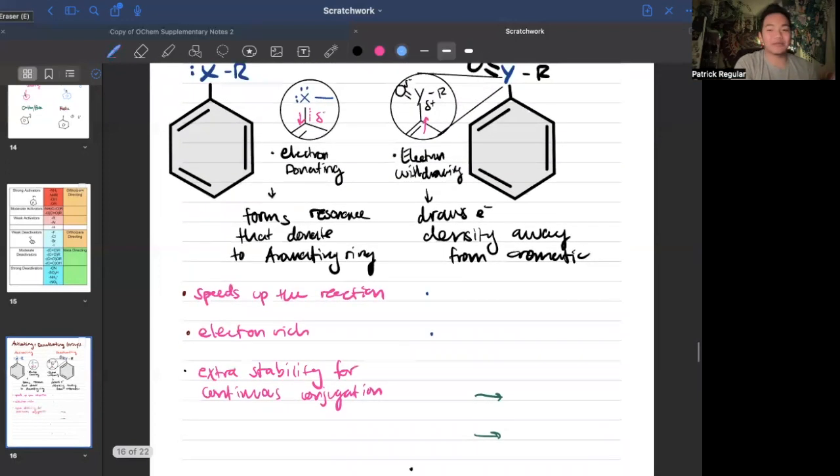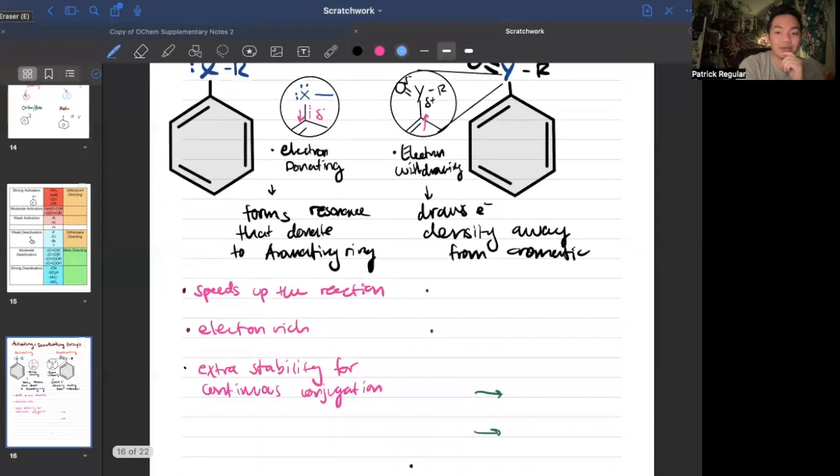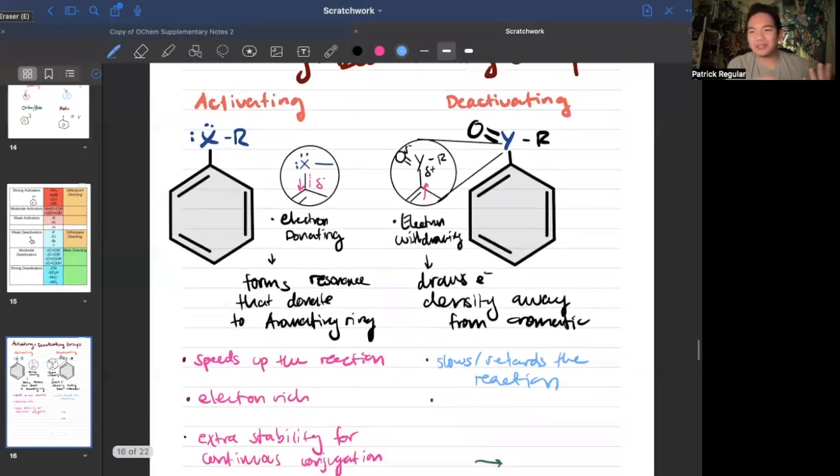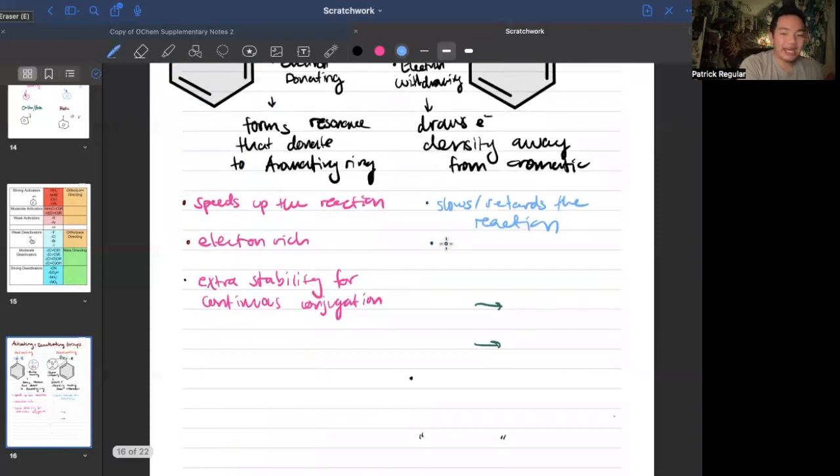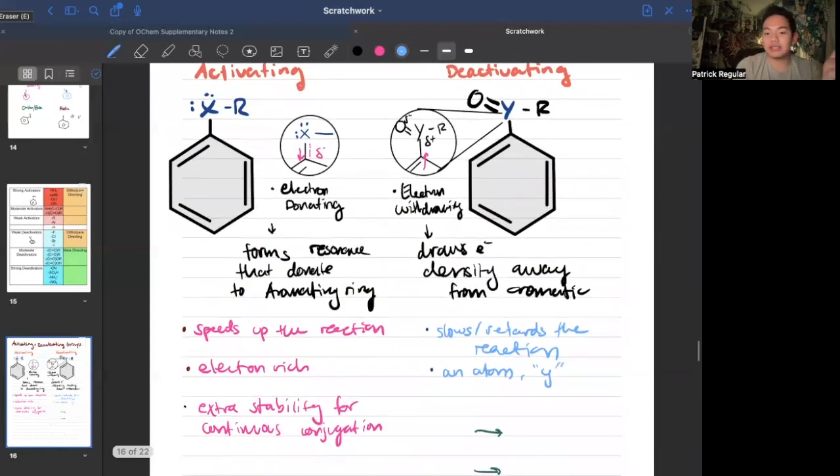Now, conversely, if it's electron withdrawing, it slows down or retards the reaction. You have a deactivator, so of course it's going to slow it down. Now, the atom Y is directly attached to the aromatic system.